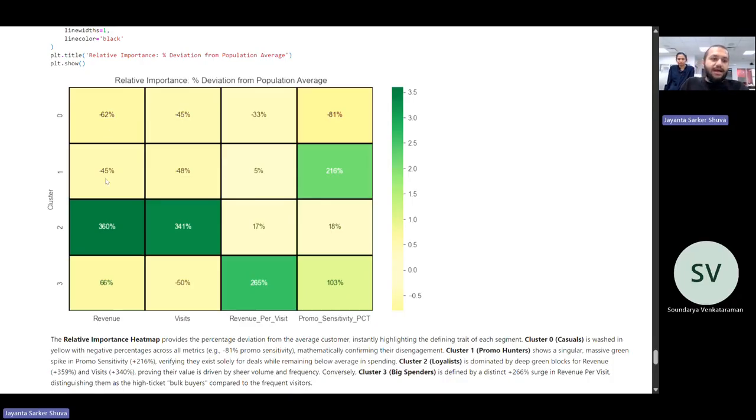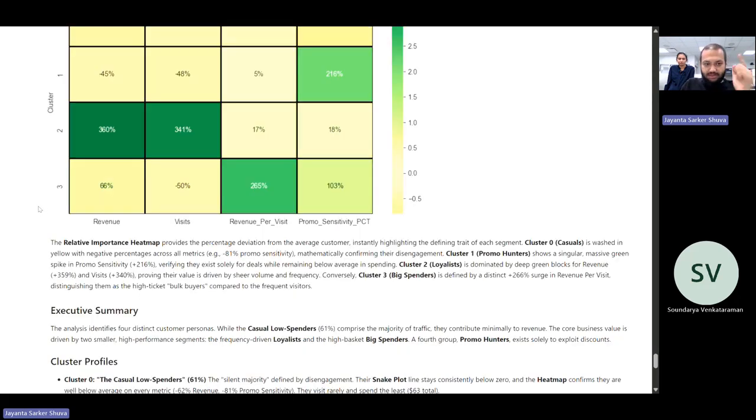Customer 1 are promo hunters, so their promo sensitivity score is way higher than average. Customer 2 are loyal customers, so their revenue and visits are higher. And customer 3 are the big spenders, so they spend big revenue on each visit.